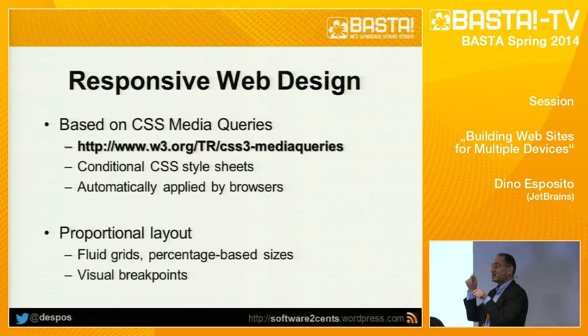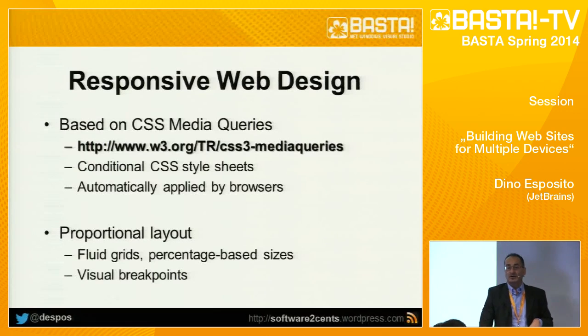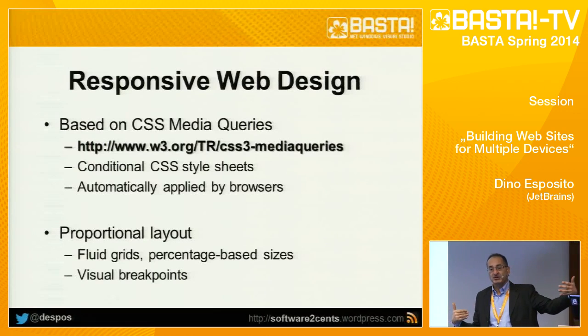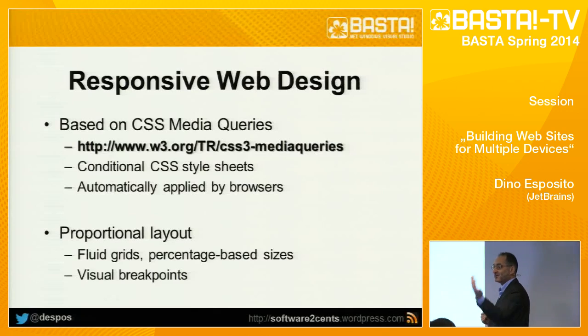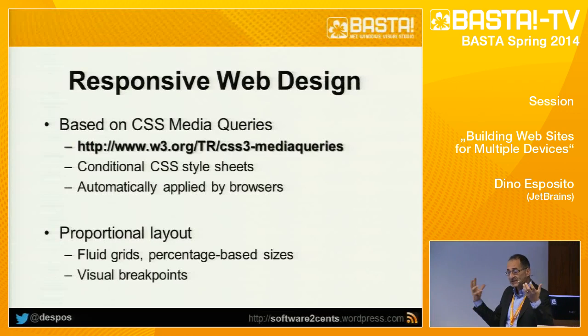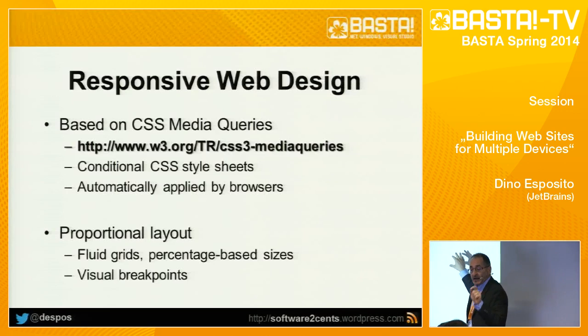So you can say, load this CSS where, and write a Boolean expression based on up to 5 different values, the most important of which is the width of the screen. So this is a conditional CSS style sheet. I will show you an example in a few moments.